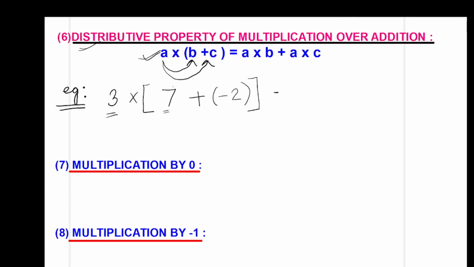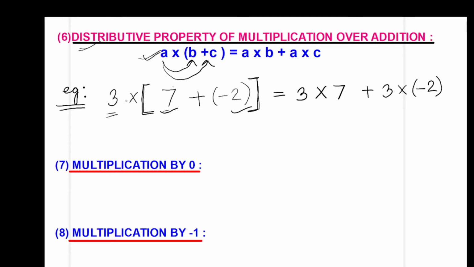Now see, first 3 into 7, and again 3 is multiplied with minus 2 also. Okay.